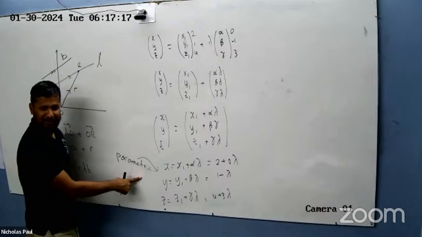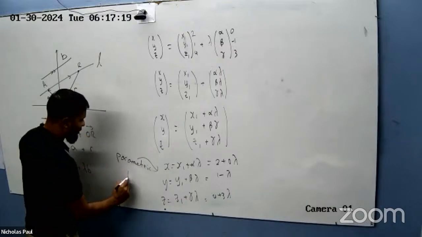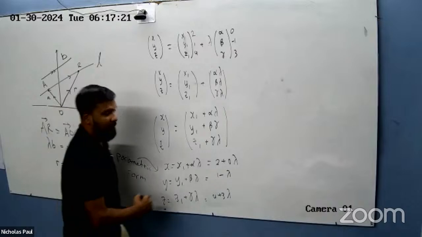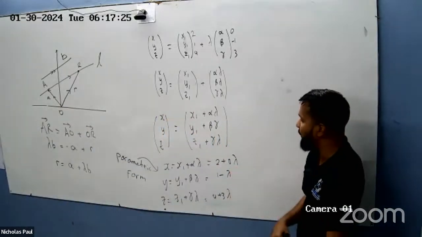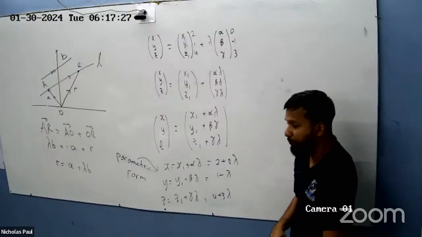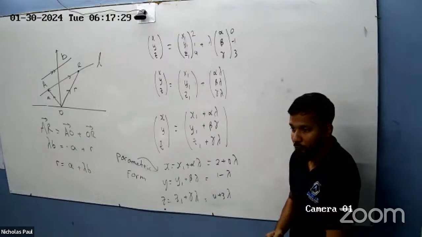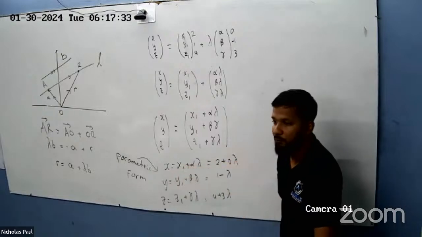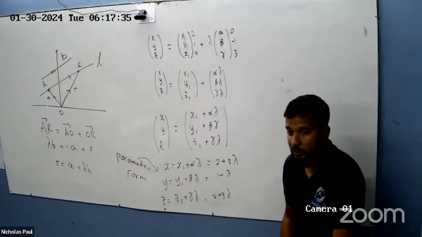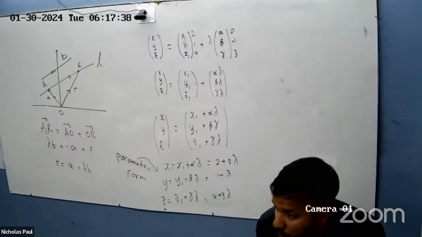So, all right? Parametric form. Right. How do I now get the Cartesian form? The Cartesian form has no lambda. What would I do? Can I divide by lambda? What we can do?